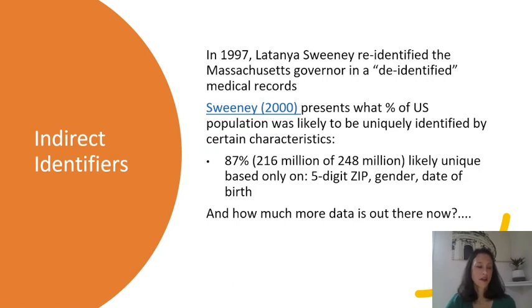So just to wrap it up on examples of indirect identifiers, it's a pretty classic example. I'm sure most of you already are aware of this.